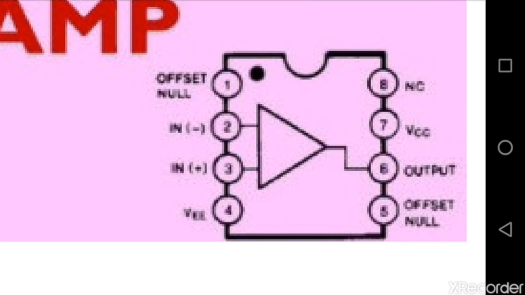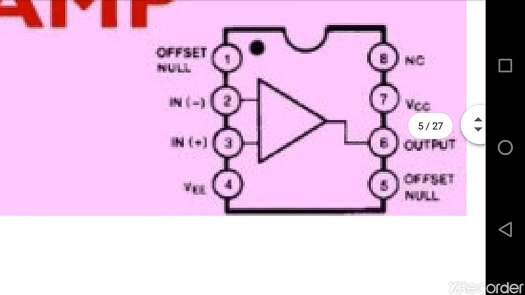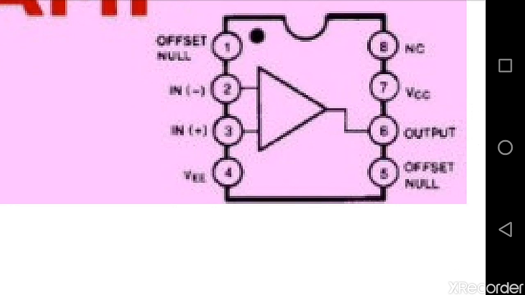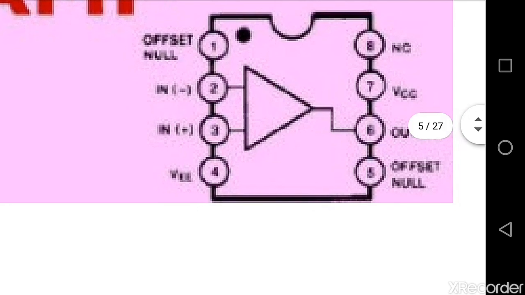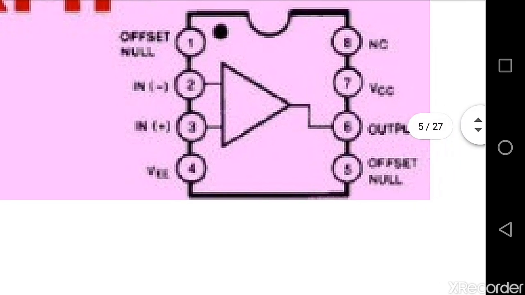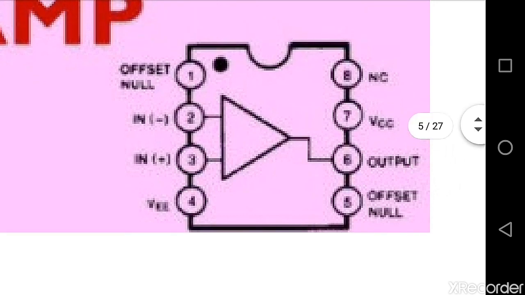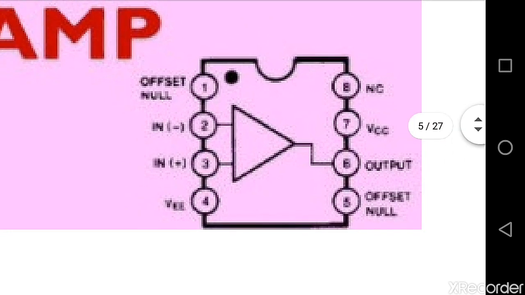Pin 1 is connected to the ground. Pins 2 and 3 are input terminals. Pin 4 is power supply, and 5 does not work. Pin 6 is the output, and 7 is power supply. Pin 8 is the ground. That's it.